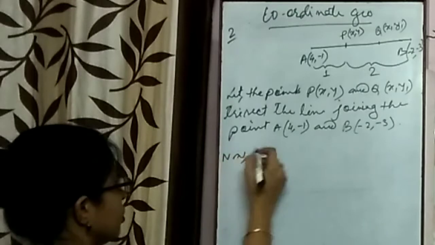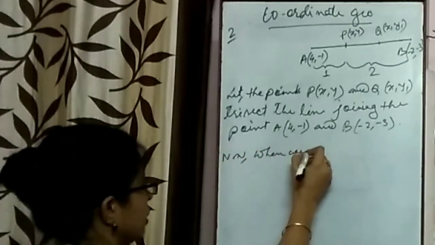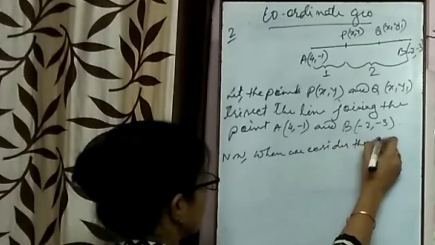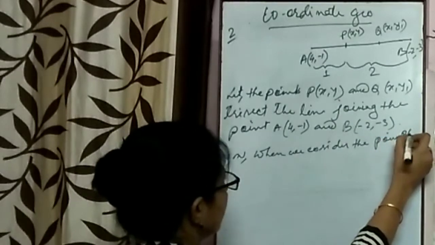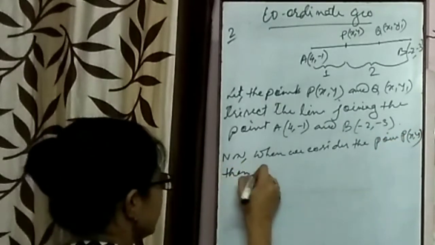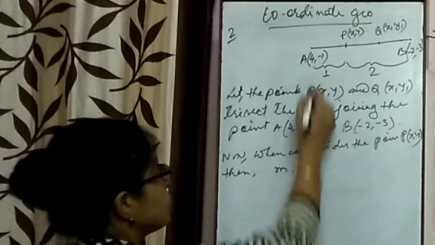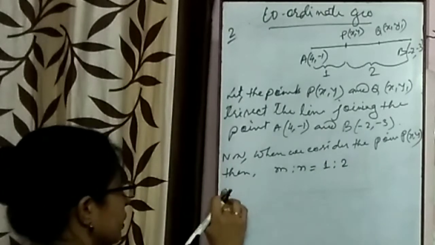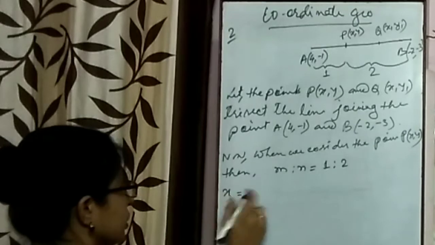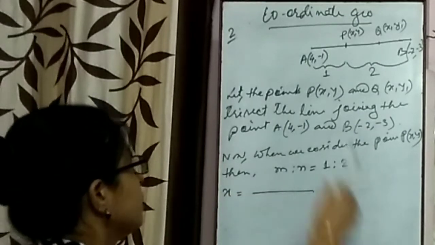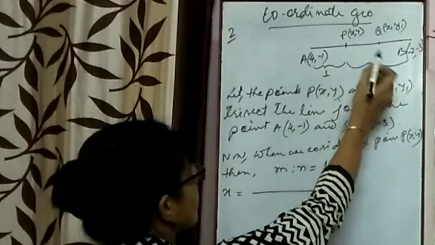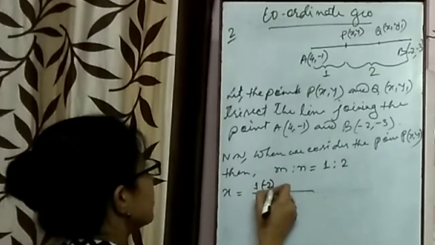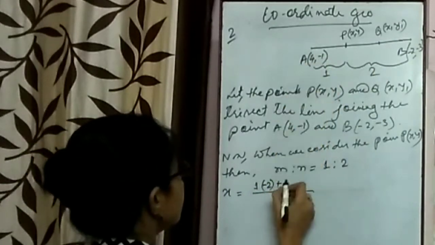Now when we consider the point P, then m is to n will be how much? 1 is to 2. Then x is equal to, this coordinate will be equal to 1 into minus 2 plus 2 into 4.